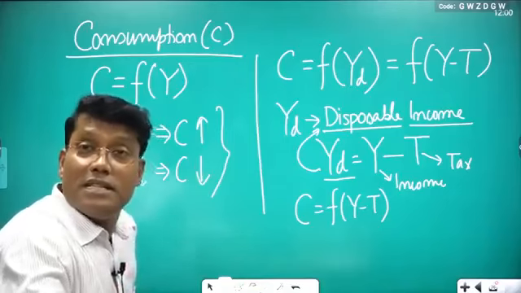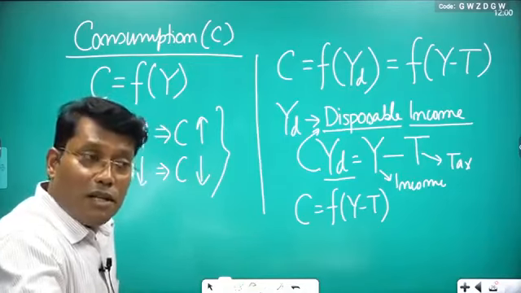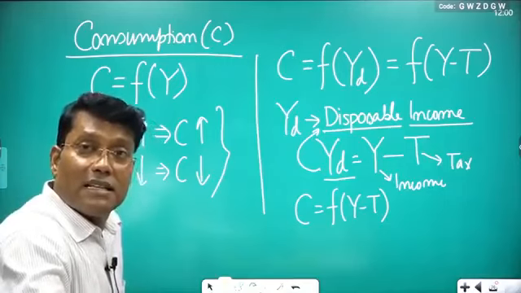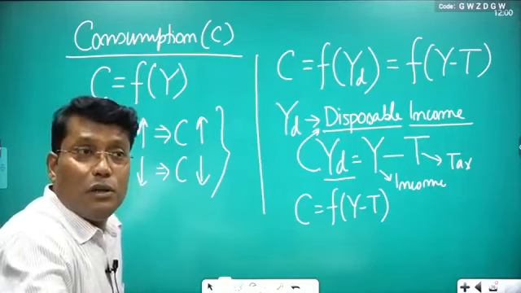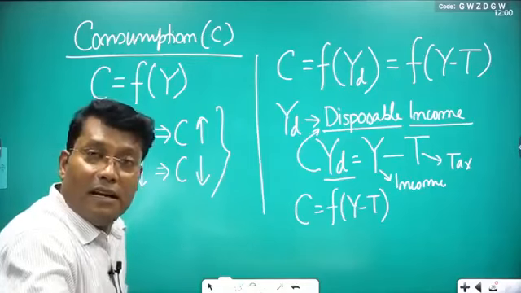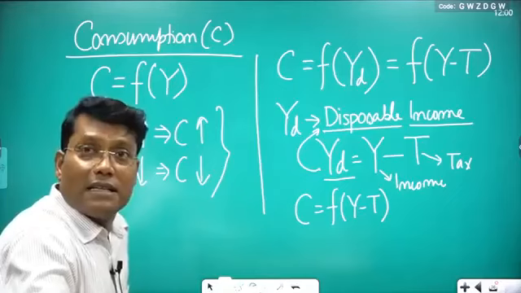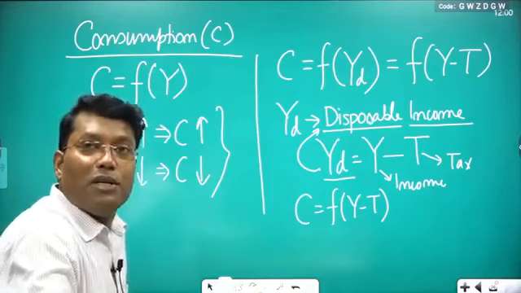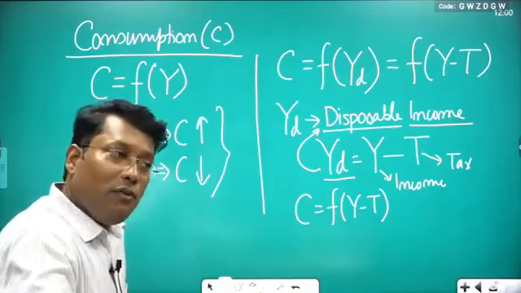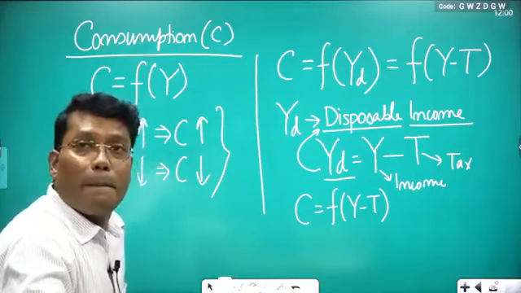From here you can see that an increase in direct taxes by the government is going to decrease the consumption of households through a decrease in real income. Similarly, if the government cuts the taxes, then disposable income goes up, which is going to increase your consumption. So you can also relate it from there.